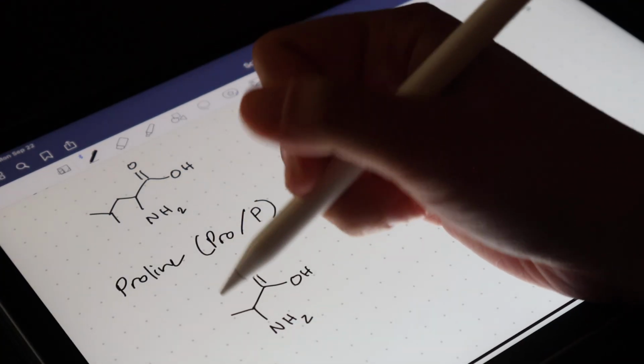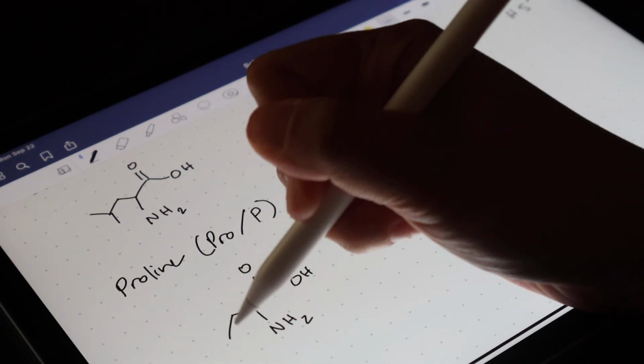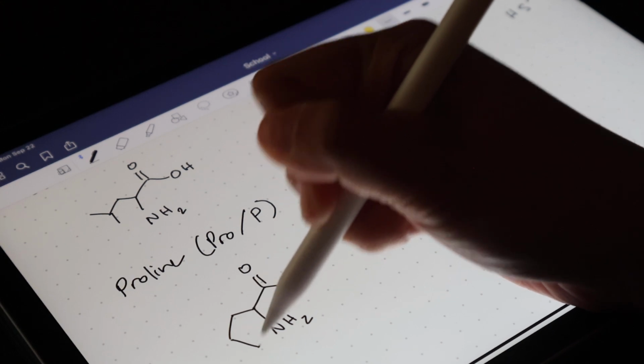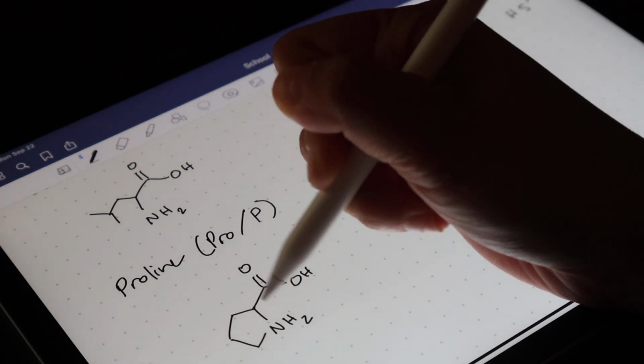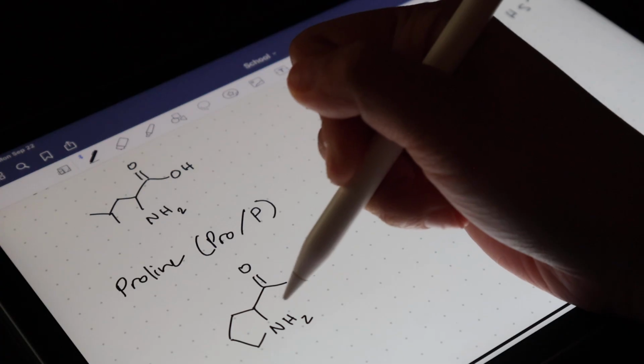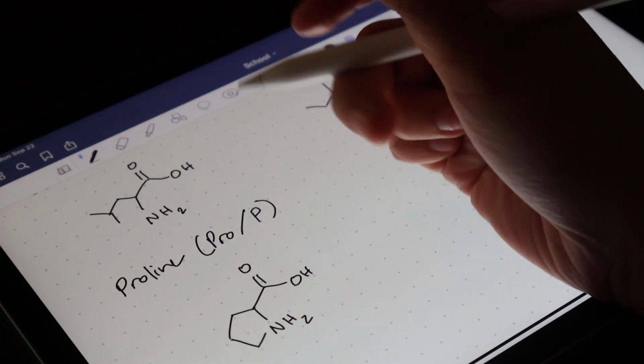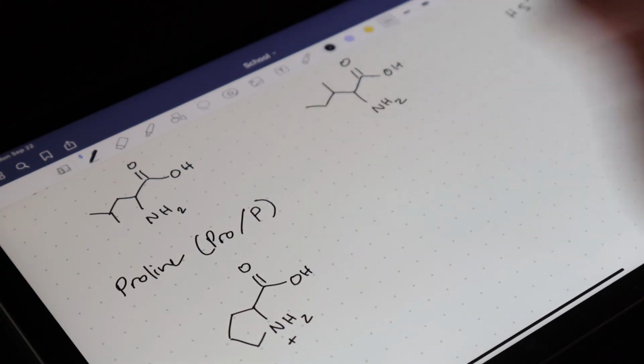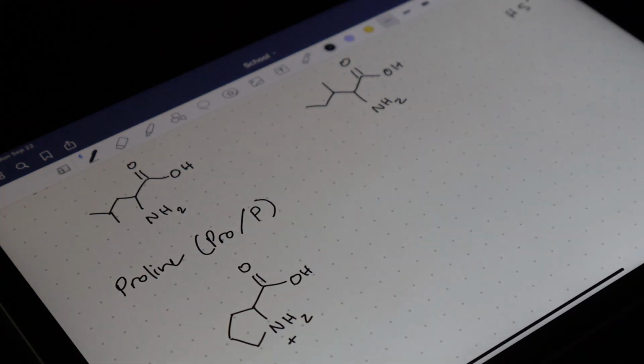We have another carbon, and then it just comes around to make this 5-membered ring with the amine on it. And because of this, the amine also becomes positively charged.